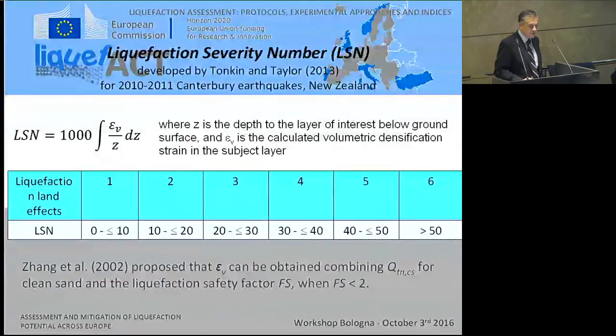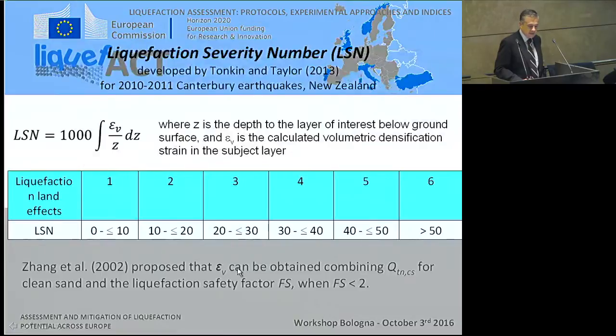And then they developed this with different approaches, different levels, which you can see here. The only thing that could eventually be developed in the next years is trying to evaluate if the Zhang et al. proposal is still a good proposal.